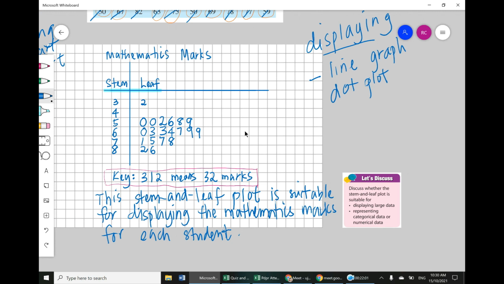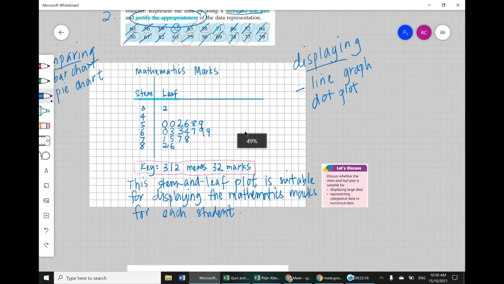No. Which one is more suitable to represent the data? Line graph. Yes, very good. Line graph or bar chart is more suitable for large data. Dot plot and stem and leaf plot are less suitable for displaying large data.